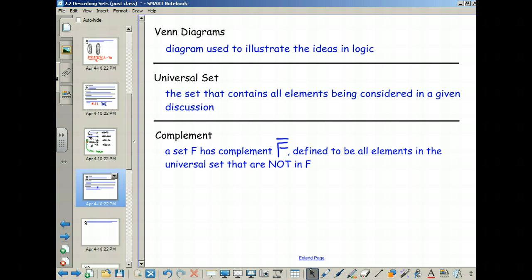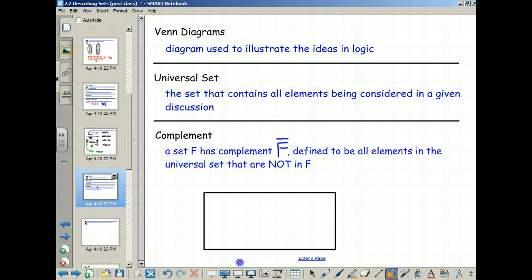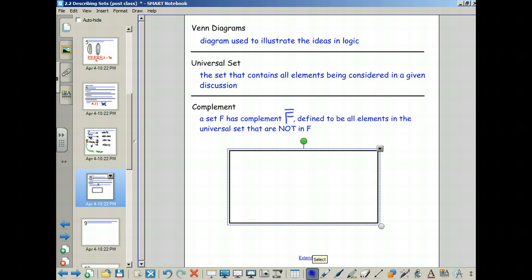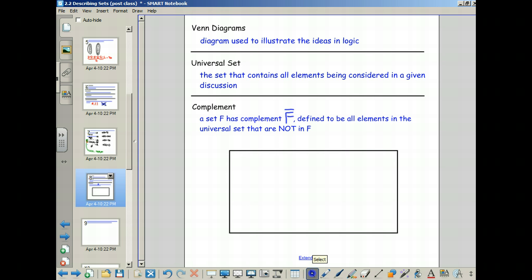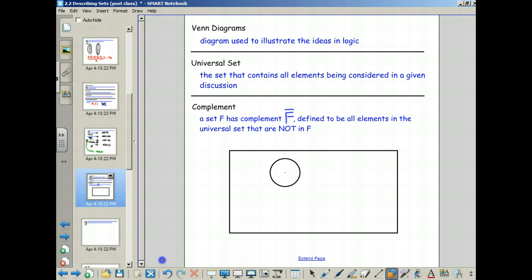All right, so let me draw a picture of this. I told you that it was a rectangle, so let's draw a rectangle. So here's our rectangle. And if I have a set inside, we draw it as a circle or an oval or whatever. It better be inside.